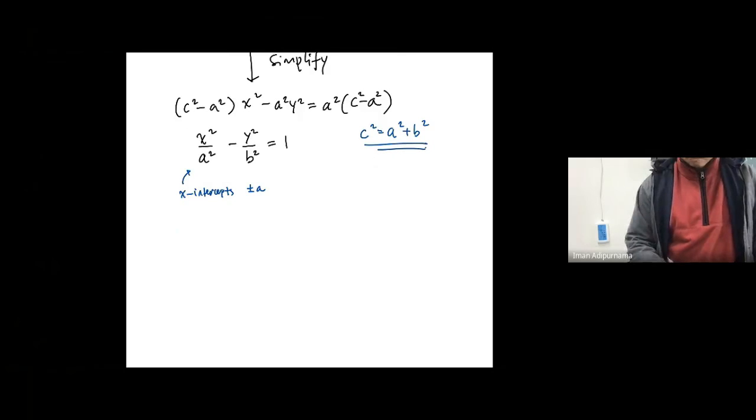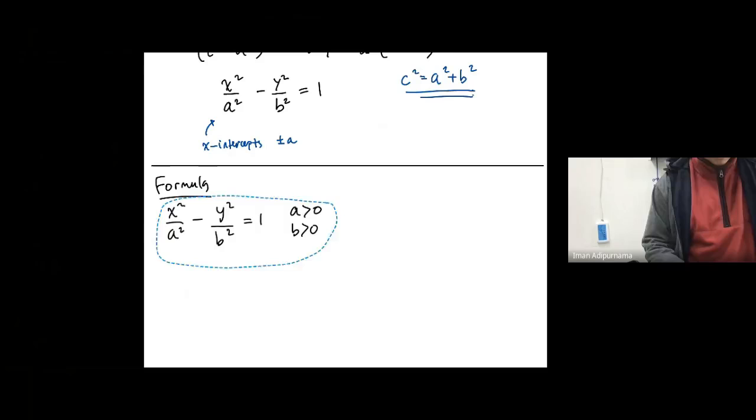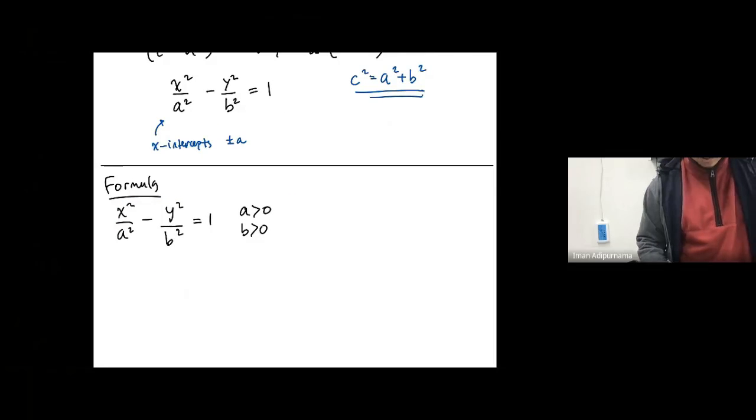Now we will move further to distinguish the hyperbola. So first, the formula. The first one is equal to 1, a is greater than 0, b also greater than 0. The other one is where you switch the x and y.